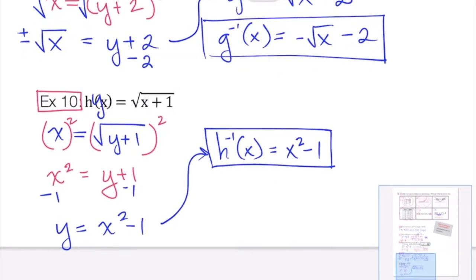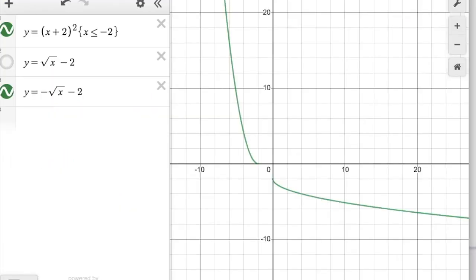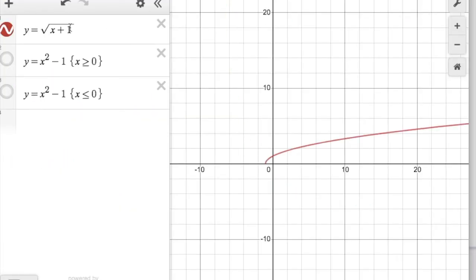And finally, so we start off with h of x is equal to the square root of x plus 1. So here's example 10. Here's our original function. Notice square roots don't have to have restricted domains here, because they're already one-to-one in the beginning. So here's the question now.